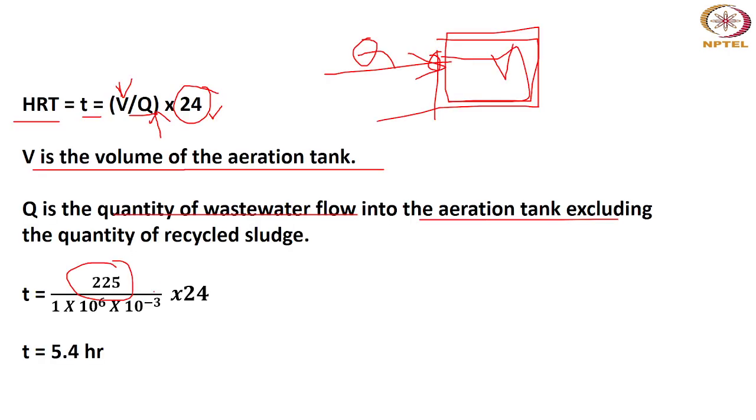And please check the conversion: this is 1 MLD, 1 multiplied by 10 to the power 6 liter, multiplied by 10 to the minus 3 to convert liter to meter cube, and multiplied by 24 to convert from day to hour, and we are getting 5.4 hour. I hope this is clear for everyone.